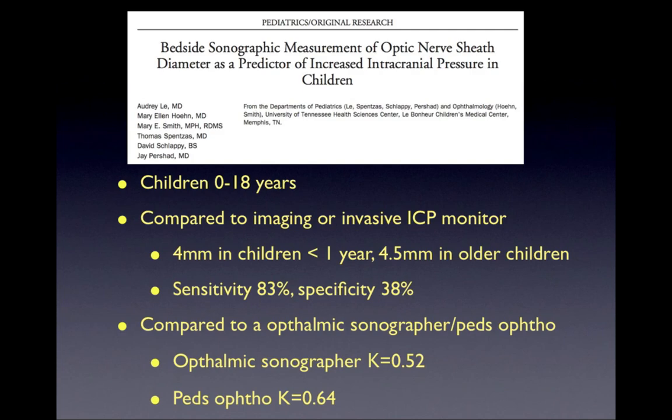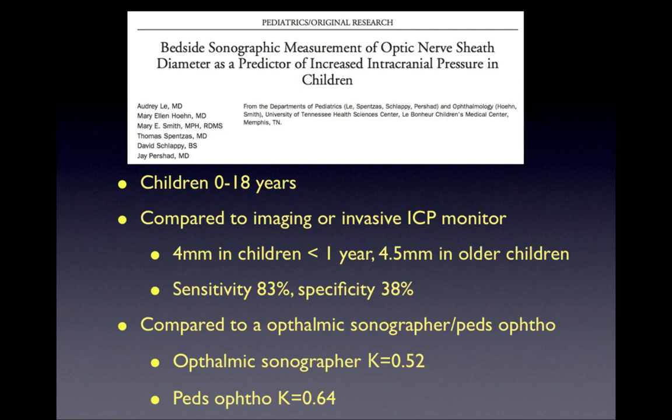First, they compared the emergency physicians to cranial imaging or invasive intracranial pressure monitor evaluation for intracranial pressure, using a cutoff of 4 millimeters in children less than 1 year old and 4.5 millimeters in older children.